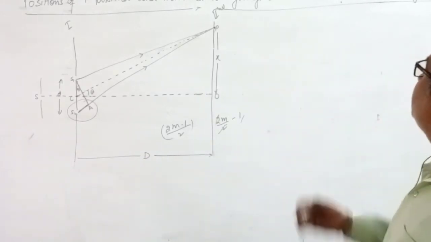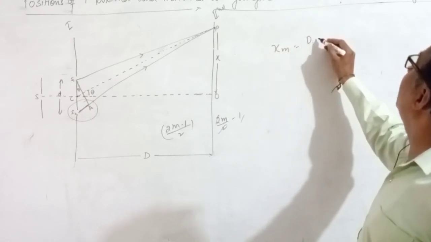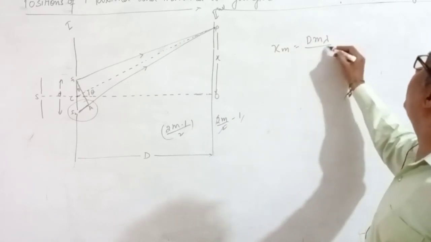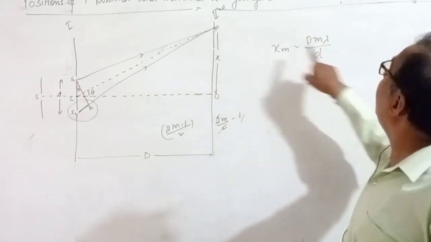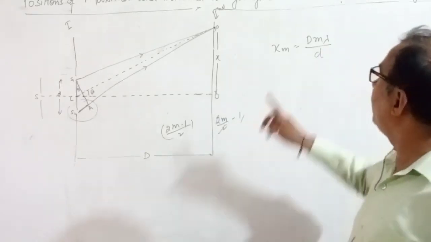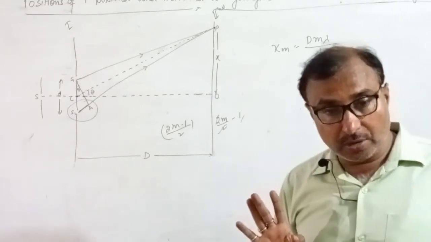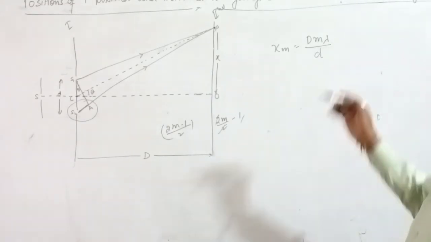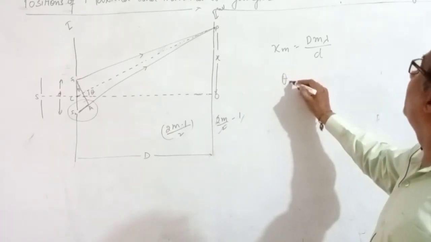As I told you, the position x_m equals D m lambda upon small d, which we proved. This is the position for bright fringe. You can see it in your video. Now you have to find out the angular position, theta m.